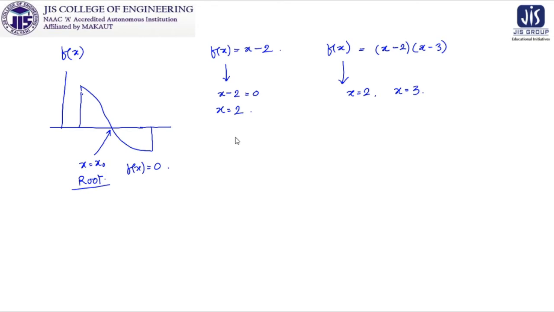The problem is when we have a function f(x) whose expression is known, but we are not able to factorize it in linear factors such that making them equal to 0 we can get the roots.